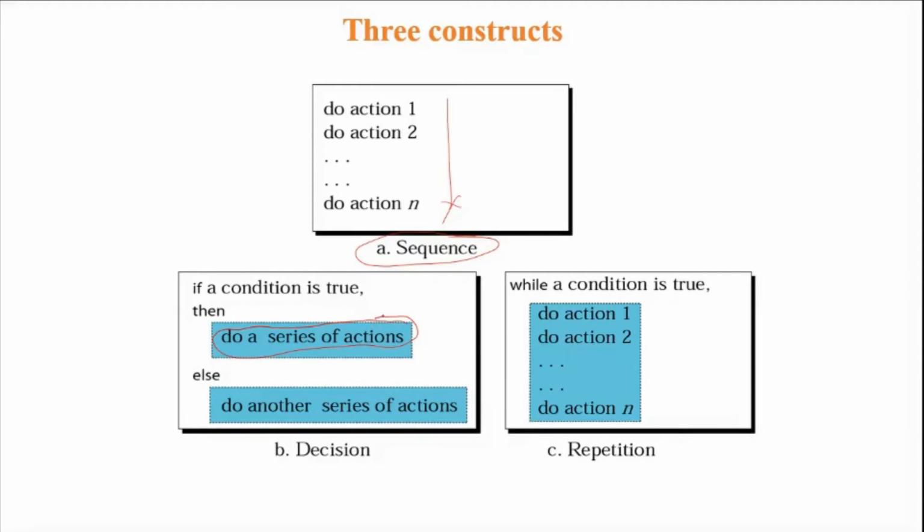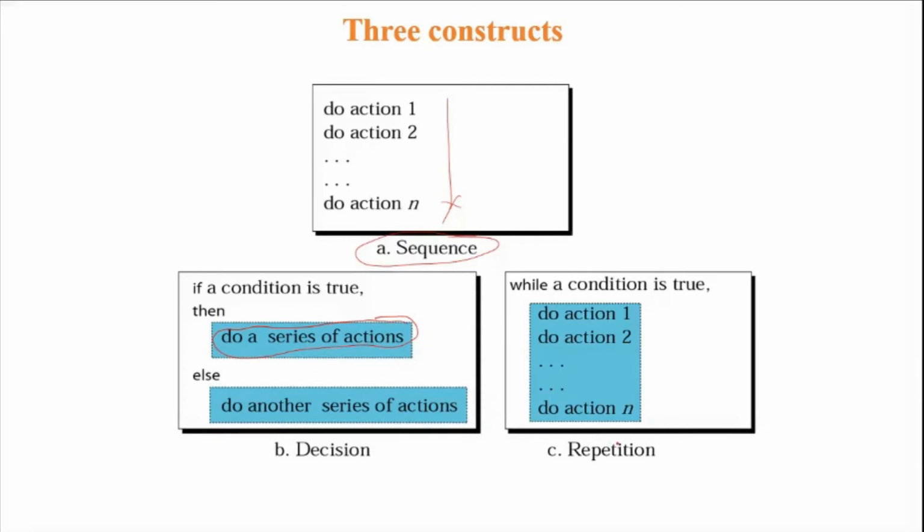Any of these 3 constructs can replace it. Else, if the condition is false, then we do another series of actions. Again, this other series of actions can also be any of these 3 constructs.